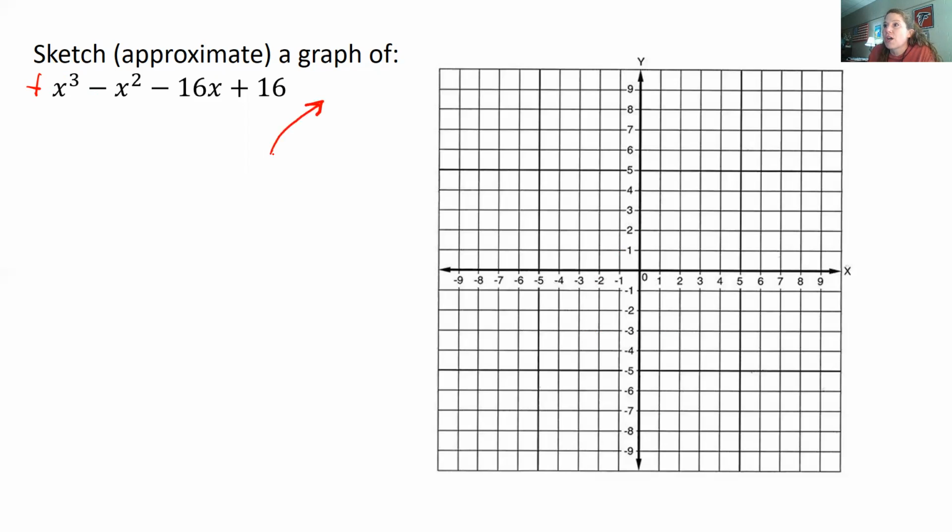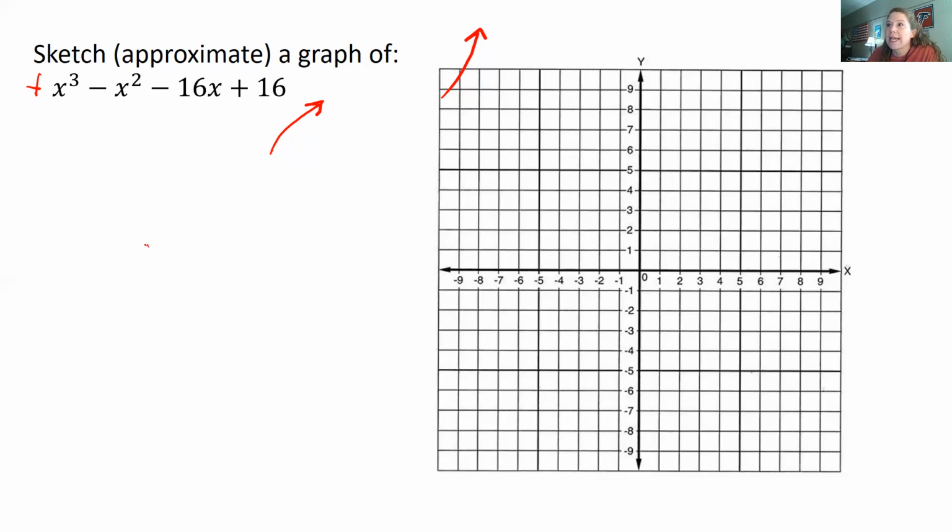So it's going to start and end in a positive direction, right? It's going to go up, come down, and then go back up at the end. So it ends and begins the same way. And in this case, it's going to go up and to the right.